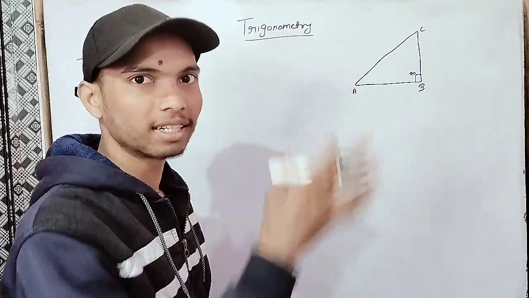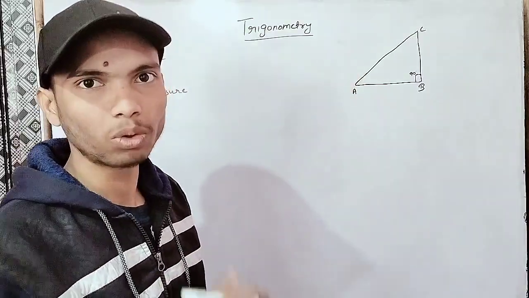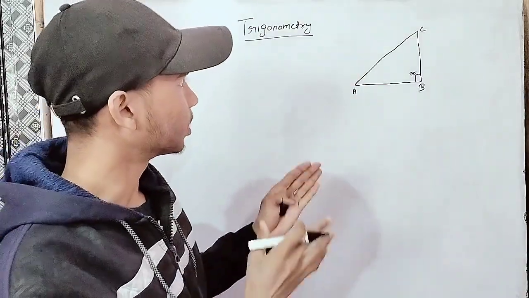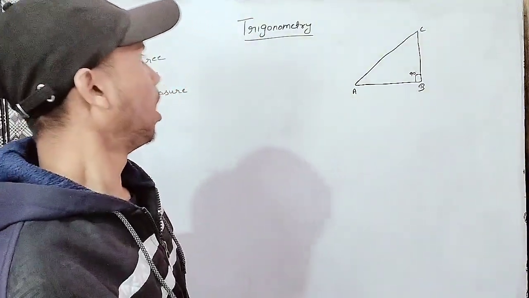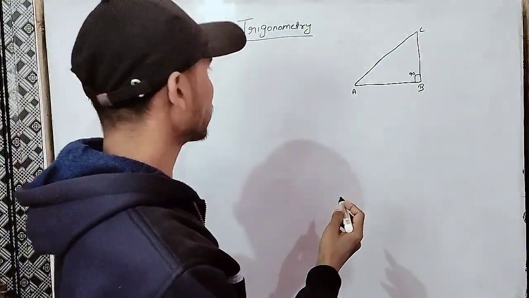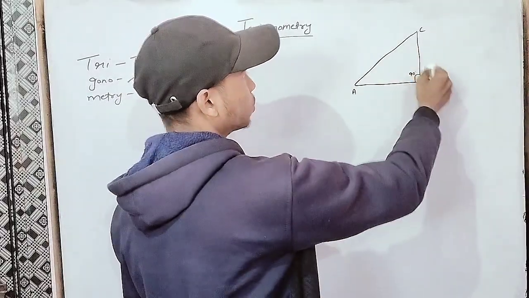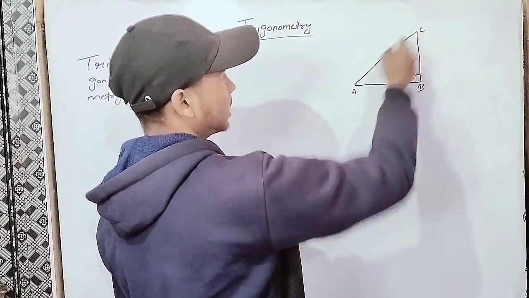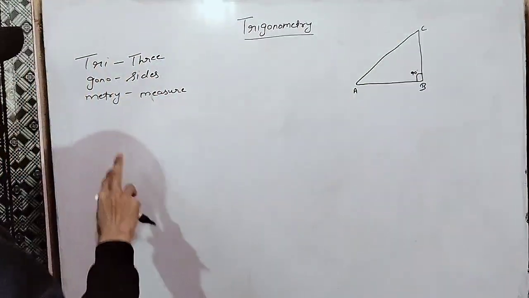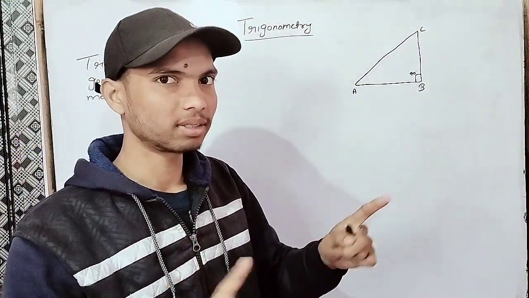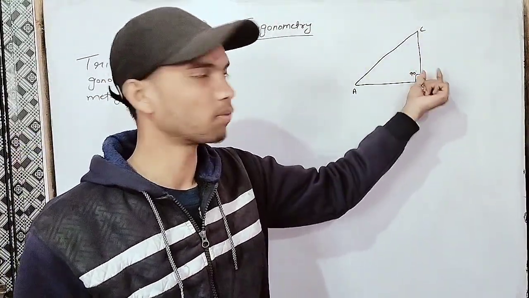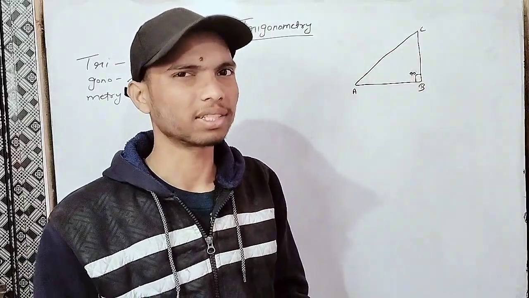This side is a curve, you can say a slope. So here we have three sides: AB, BC, and AC. We measure the length of this side, this side, and this side.